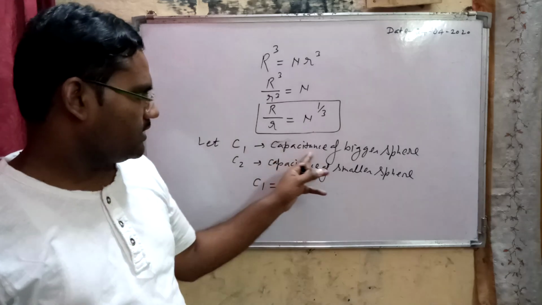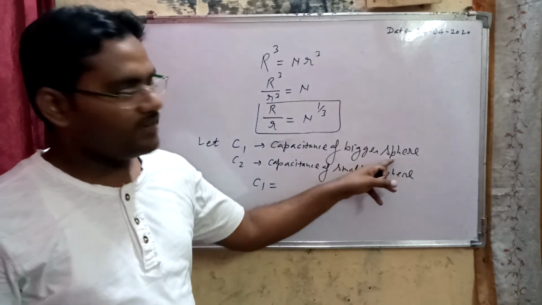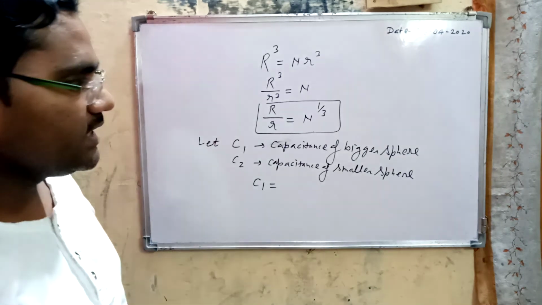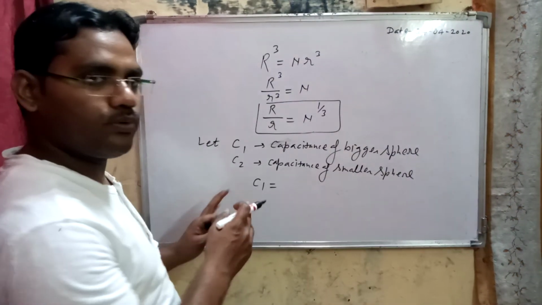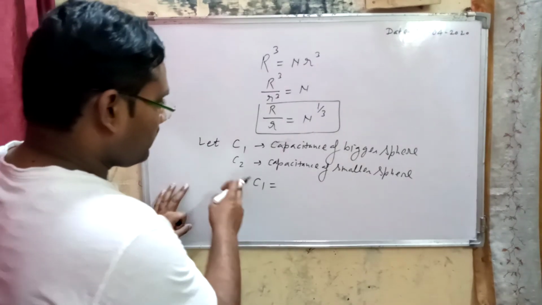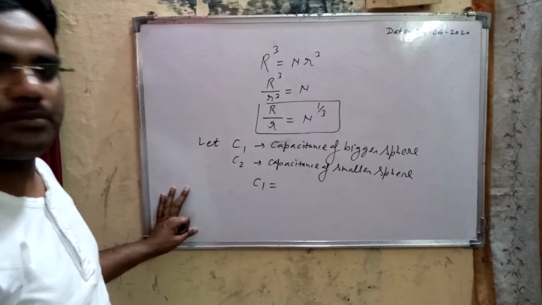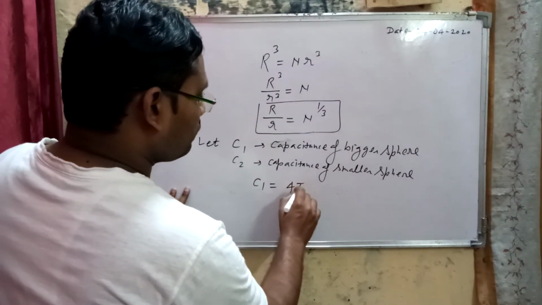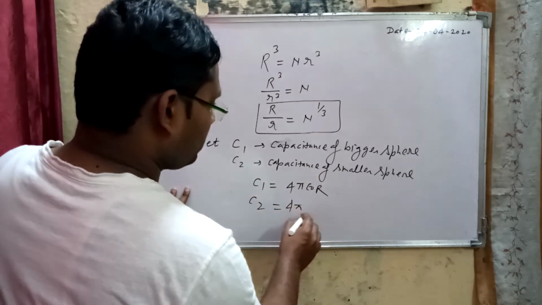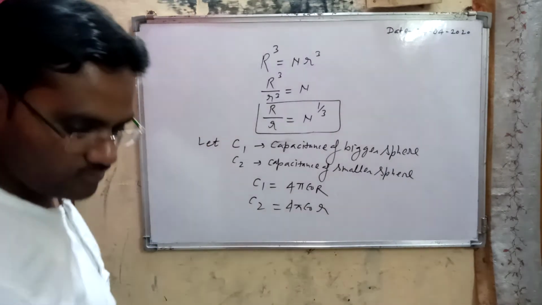Since these are conductors in the shape of a sphere, the capacitance of a spherical conductor is 4 pi epsilon naught r. C1 is the capacitance of the bigger sphere and its radius is capital R. That means C1 is equal to 4 pi epsilon naught capital R, and C2 is 4 pi epsilon naught small r. Then what is the ratio of C1 to C2?